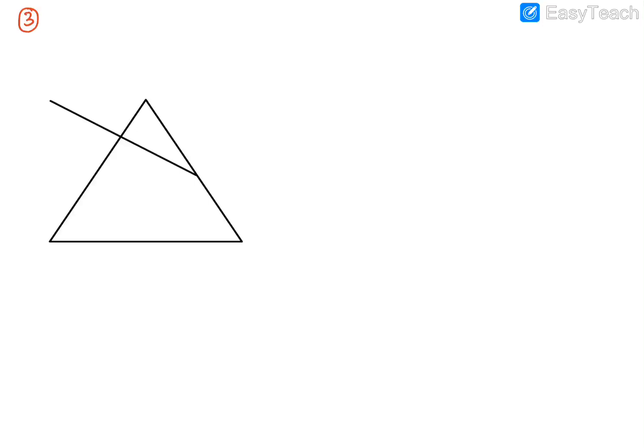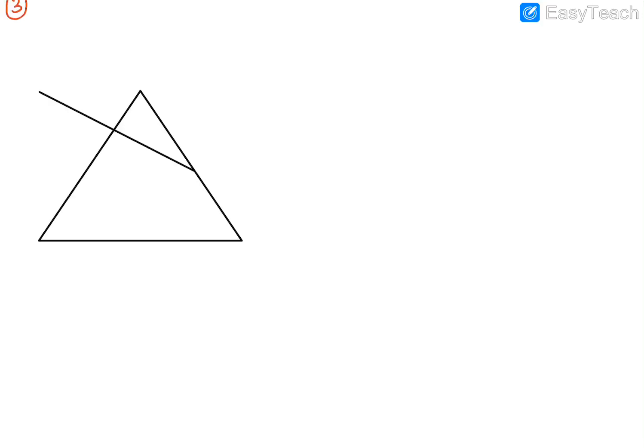Now tell me, if it is falling normally on the surface, this angle is what? 90 degree, right? The angle here will be what? 90 degree. Now let's name this prism as ABC.